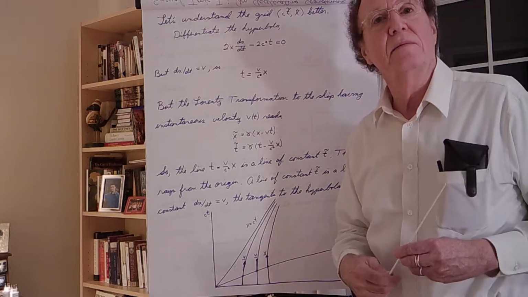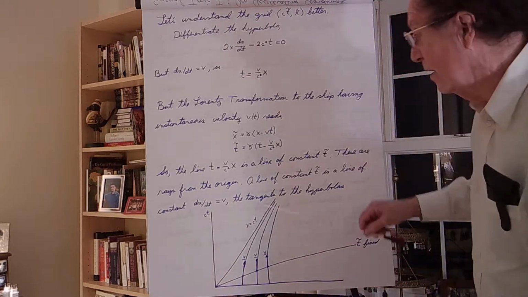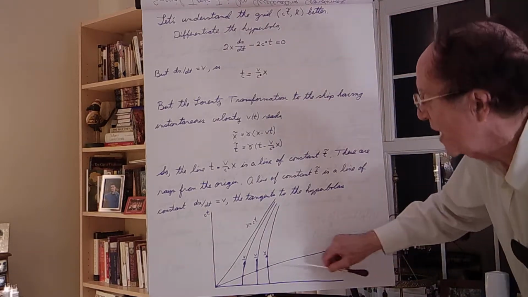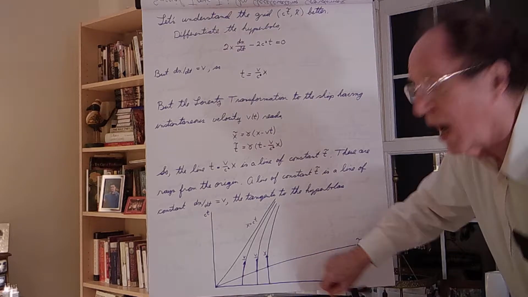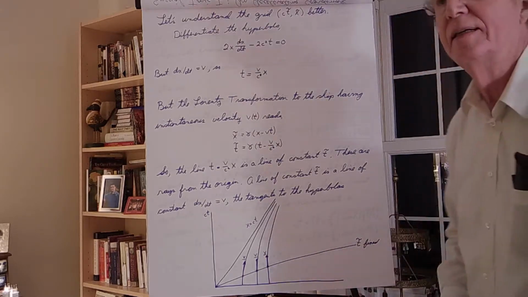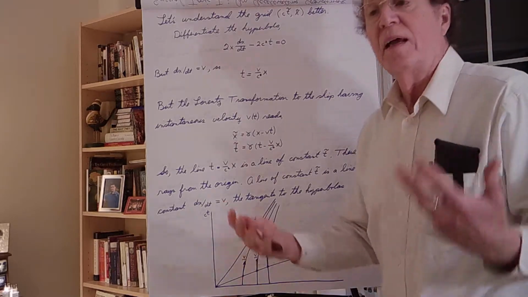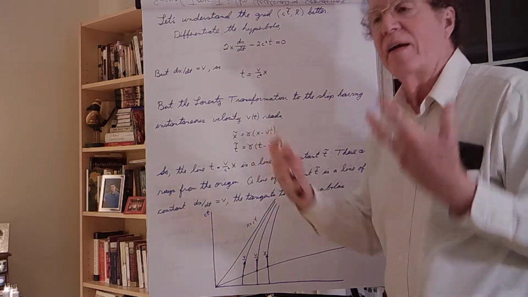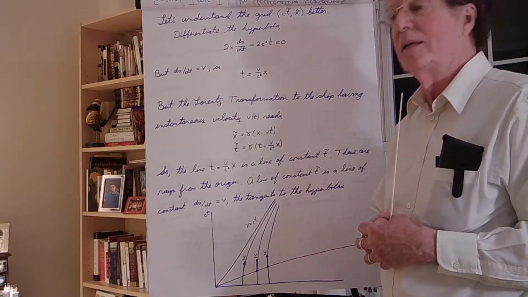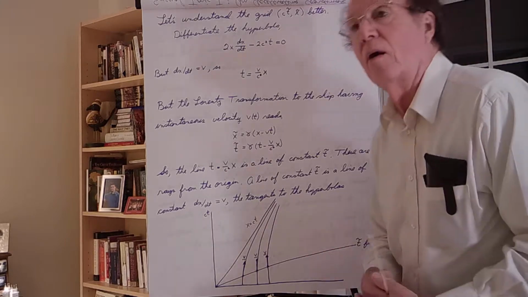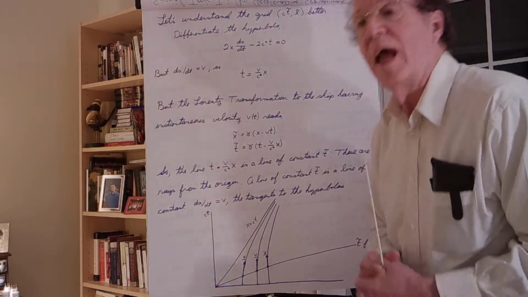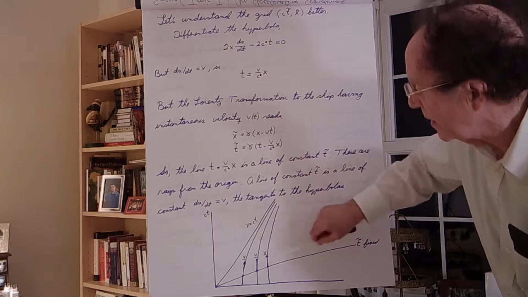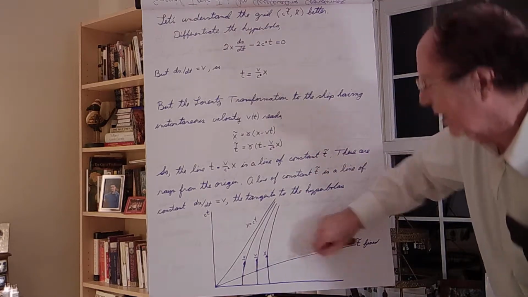Actually, that's obvious. Why is that obvious? Well, these are hyperbolas, and initially they had a common velocity of 0. But they're invariant hyperbolas. So if they have that relationship at t equals 0, they're going to have that relationship at any other time. So at any other time, they have to have the same velocity.